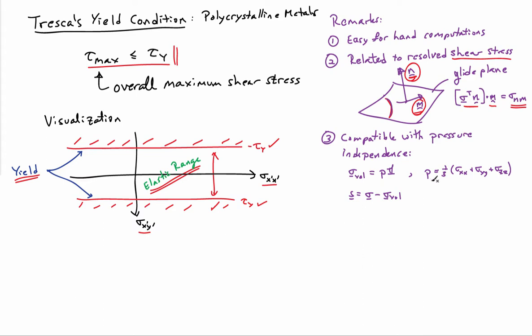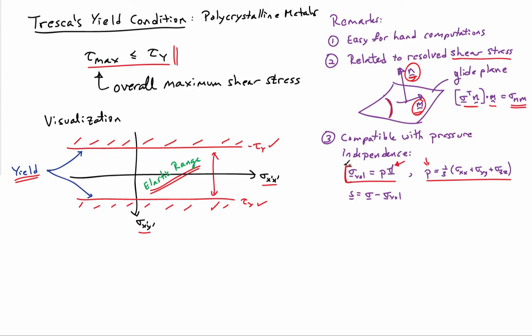Pressure is defined as the mean normal stress in a system, and in a tensorial setting, we think of it as, say, sigma vol, which is this pressure P times the identity, so that's the matrix with 1, 1, 1 on the diagonal. And what the observation says is that yield in polycrystalline metals is independent of sigma vol.